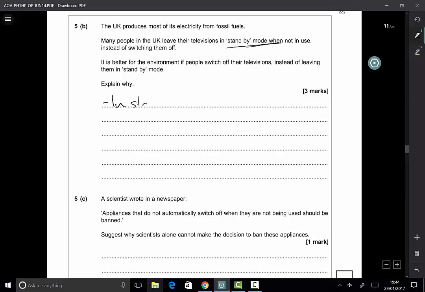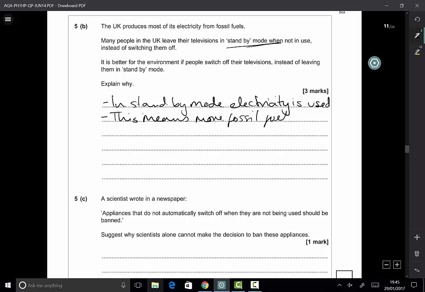Okay, so in standby mode, electricity is used. This means more fossil fuels have to be burnt. You probably won't get a mark for this because it's given in the question, but it's worth it for making the argument coherent.